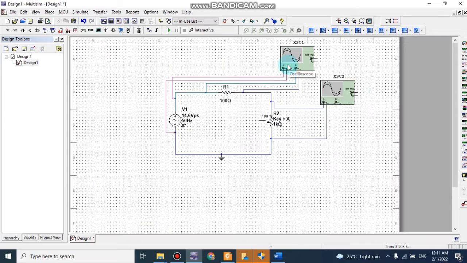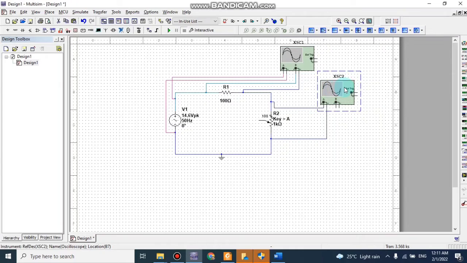And this is the oscilloscope. The channel 1 is connected at the supply, the incoming VAC supply. The positive is connected to the incoming positive, negative connected to the incoming negative, and on B, the positive is connected to the positive of R1, and the negative connected to the negative of R1.